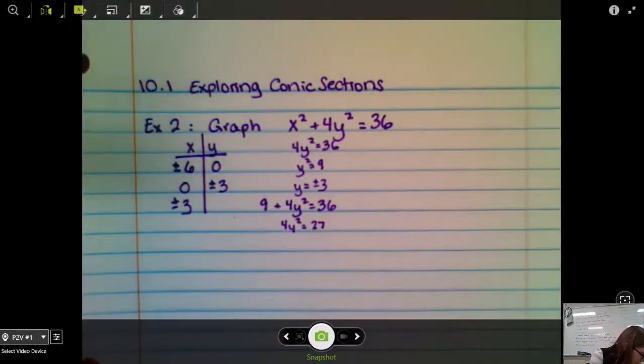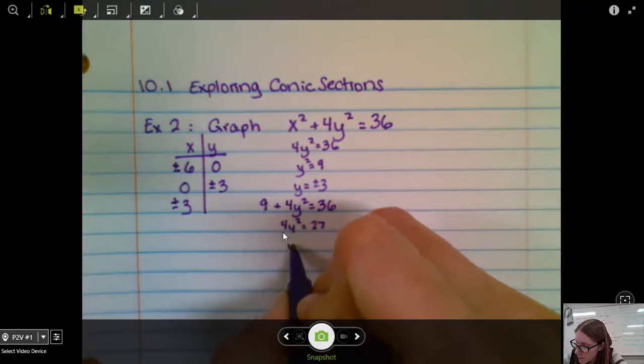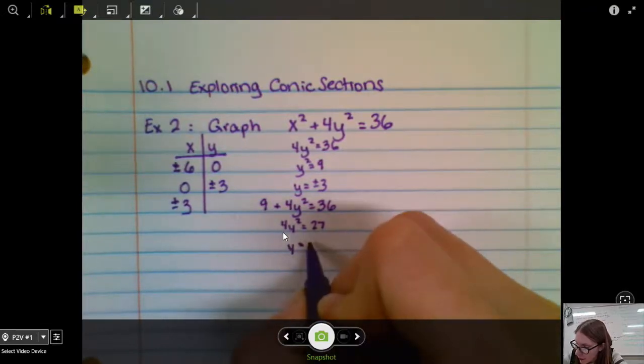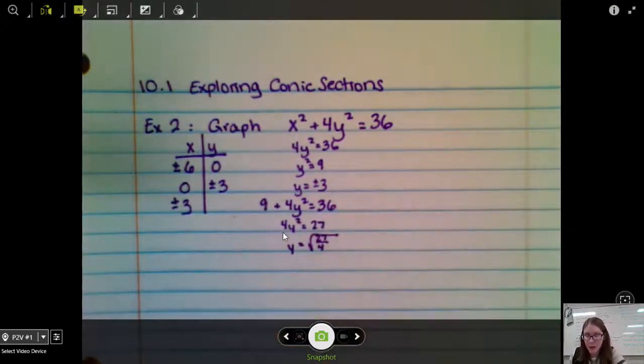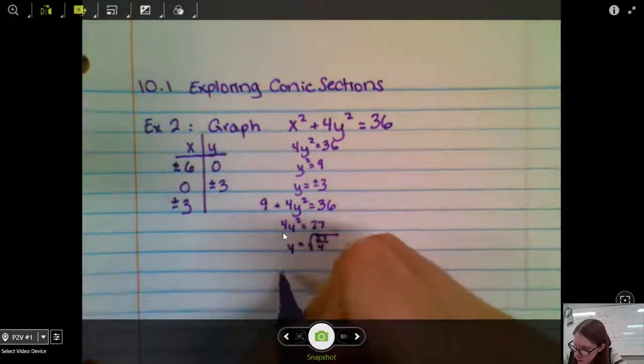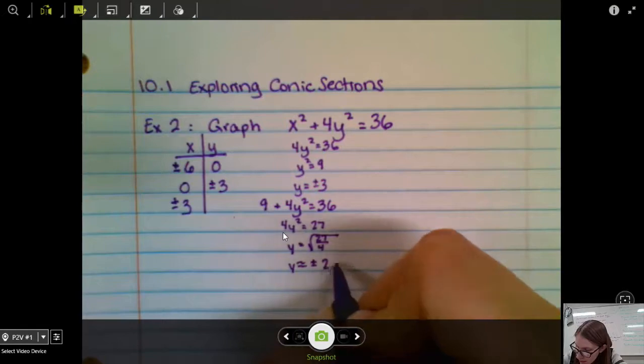Now normally we keep our answer exact, but since I really am using this for graphing purposes, we can figure out what this is about as a decimal. So I would divide both sides by 4 and then square root. So the square root of 27 over 4 is about 2.6.